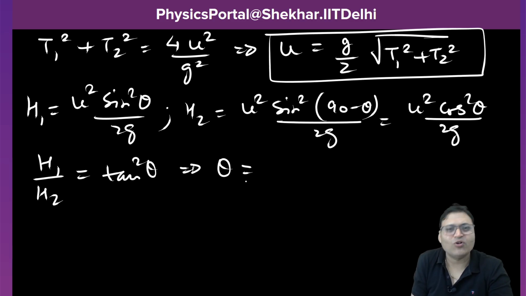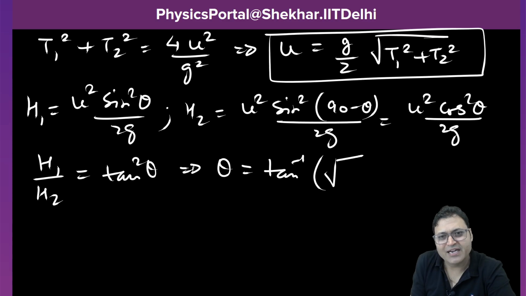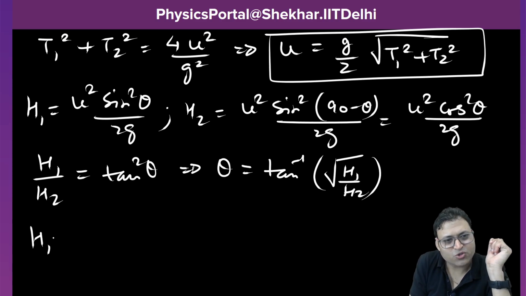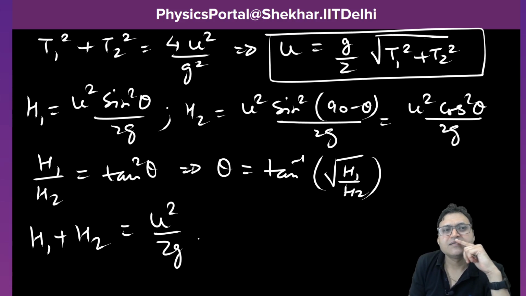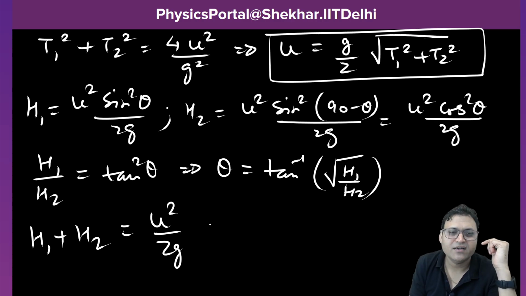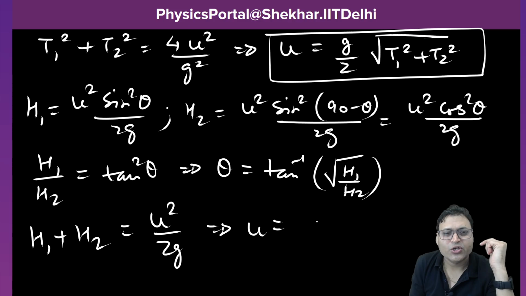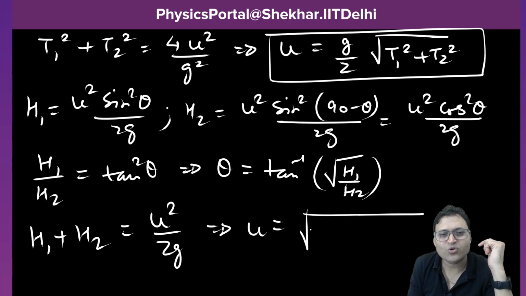So from here also, from the maximum height attained, we can find theta, that is tan inverse of under root of H1 by H2. If we add them, H1 plus H2 will be equal to u square by 2g, since sin square theta plus cos square theta is 1. So we can find u is equal to under root of 2g times H1 plus H2.